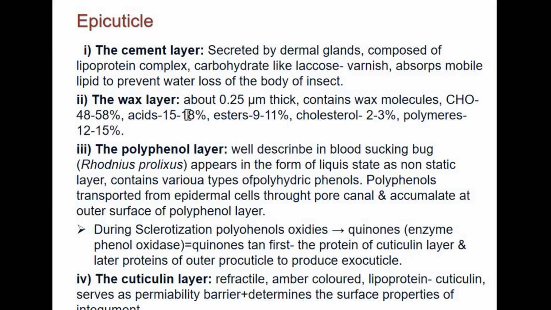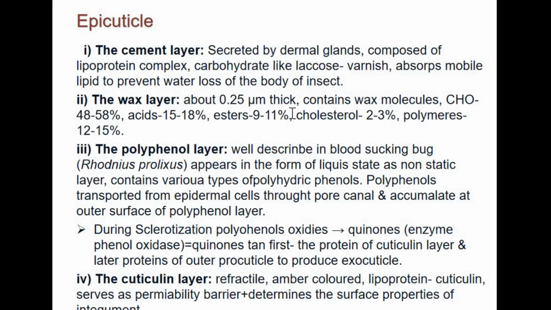Now the cement layer is followed by the second layer, that is the wax layer. The wax layer is the prominent layer and measures about 0.25 micrometer in thickness. It contains partially oriented wax molecules.